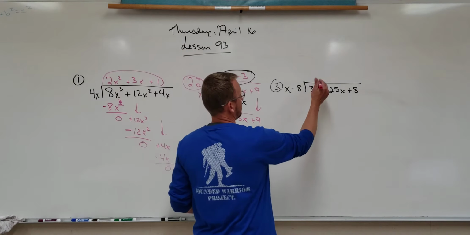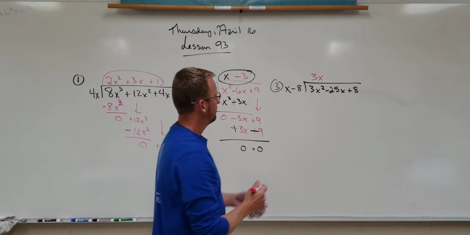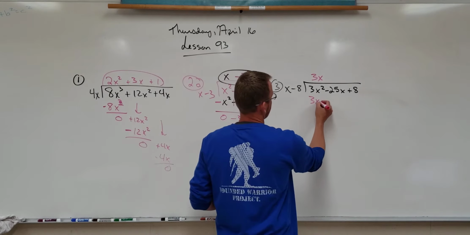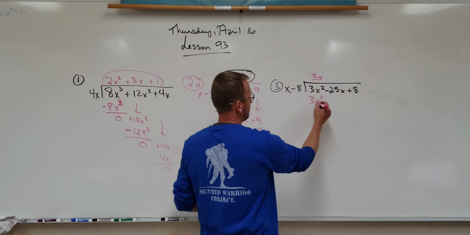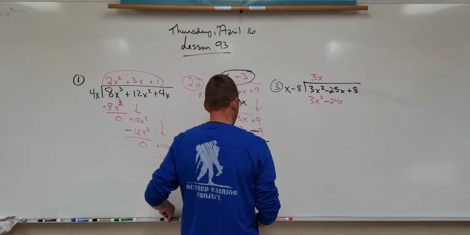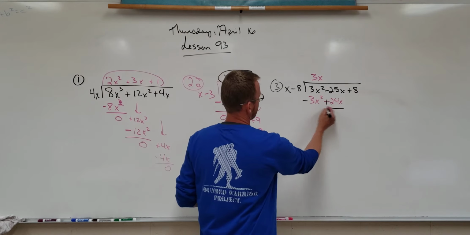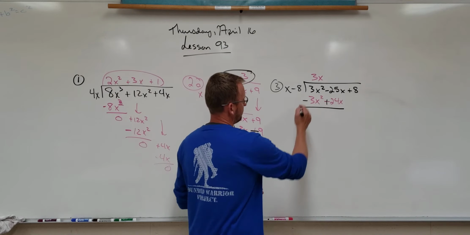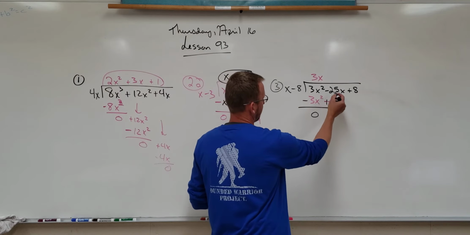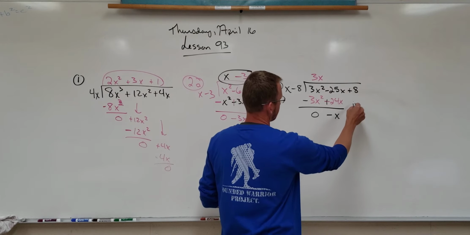I take an x out of here, I'm left with 3x. 3x times x gives me 3x squared. 3 times -8, -24. Again, don't forget, I've got to subtract, which is going to change that sign. 3 minus 3, 0. -25 plus 24 gives me a -x.